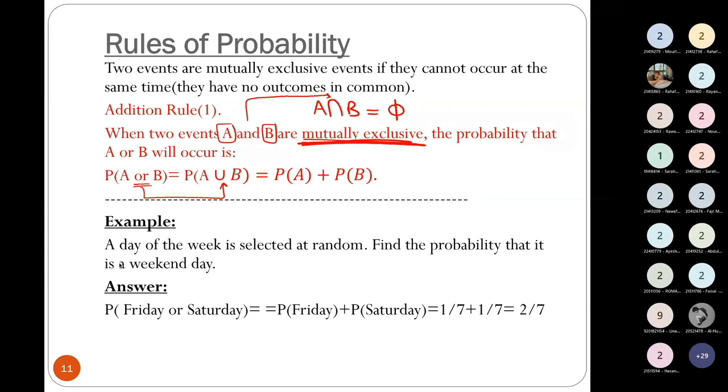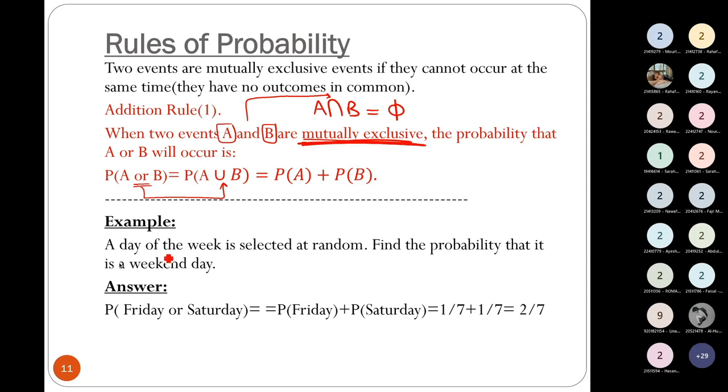So the probability of A union B equals the probability of A plus the probability of B. Then if we have three events, all mutually exclusive, the probability of A union B union C equals the probability of A plus the probability of B plus the probability of C.